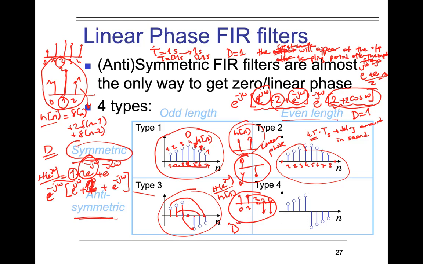Bir de bakın isterseniz, if you don't have a symmetric filter like this, come up with such a filter, and in MATLAB, draw the phase response of this filter using the freqz MATLAB command.